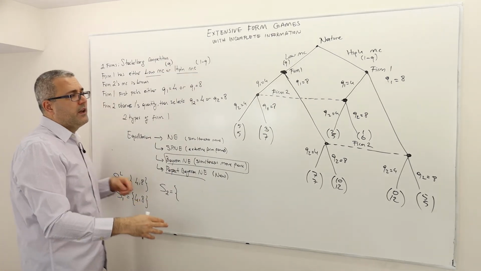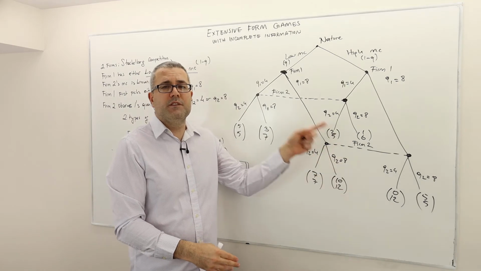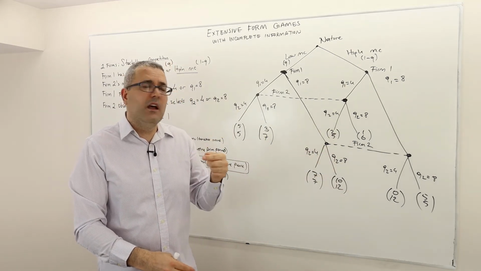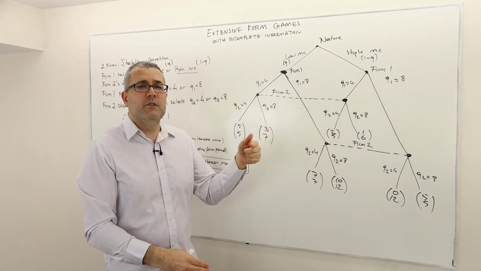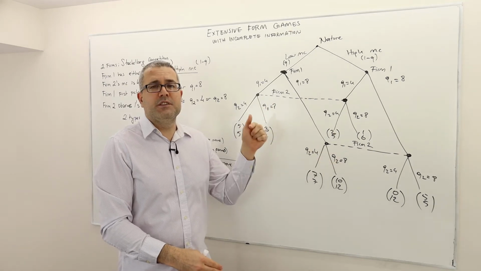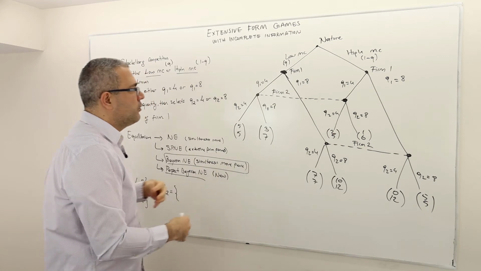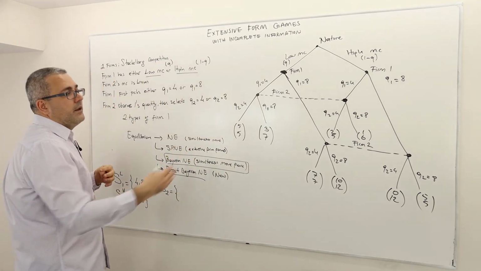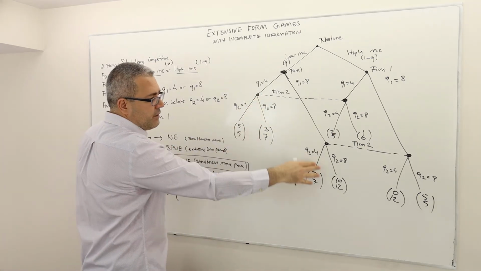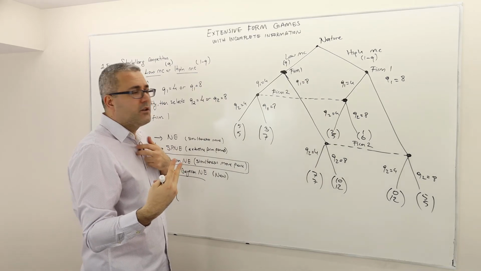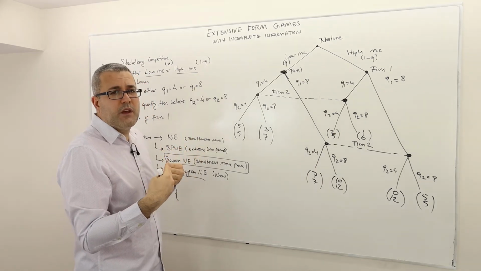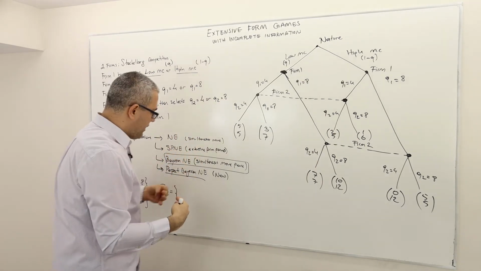However, firm 2 has two information sets, and so I have to tell what this firm 2 is going to do at every information set he has, even though some of them may not be reached in equilibrium. So in each info set, he has a total of two available actions. So that means firm 2 is going to have four strategies.